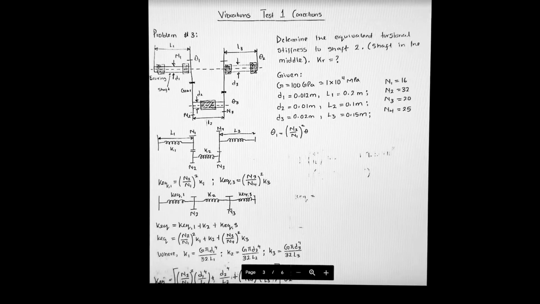Then I decided to go with a more interesting figure that gives me a better understanding, basically converting this whole figure into a spring setup. So knowing the K equivalence of 1 in this section and K equivalence of 3 in this section, and then knowing what's happening here, which is N1 and N2 for K equivalent 1, and N4 and N3 for K equivalent 3.